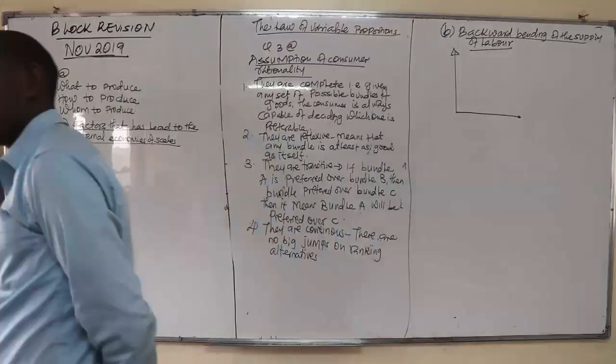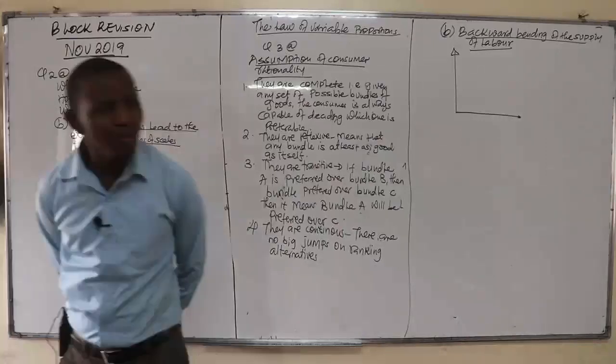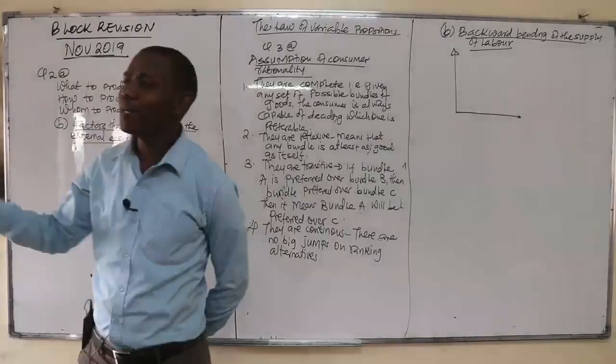An increase in price of a commodity will lead to an increase in quantity supplied. Increase the price of the commodity, the producers will supply more.